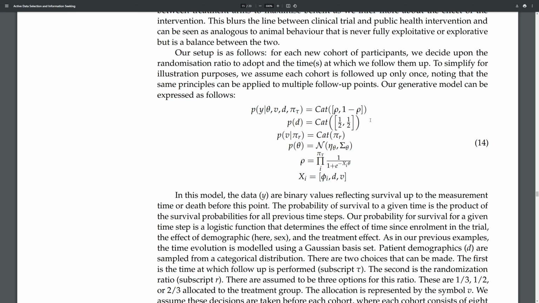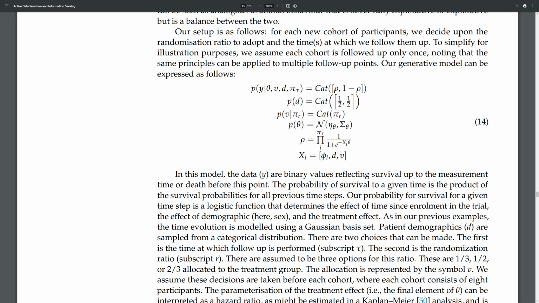These two are going to be categorical variables, as well as the data. This is going to be survival, survives versus not survives. The demographic is going to be a 50-50 male-female split. The demographic is going to be chosen by the allocation group to where you decide how to allocate between placebo and treatment.